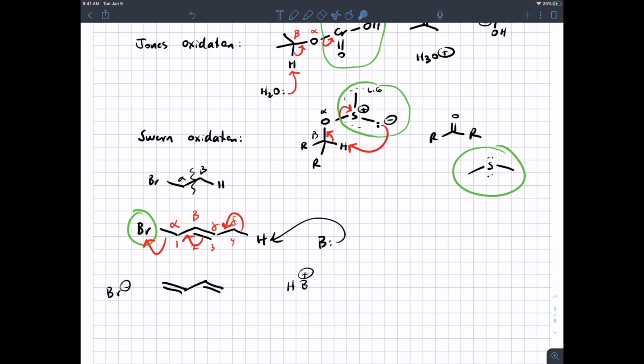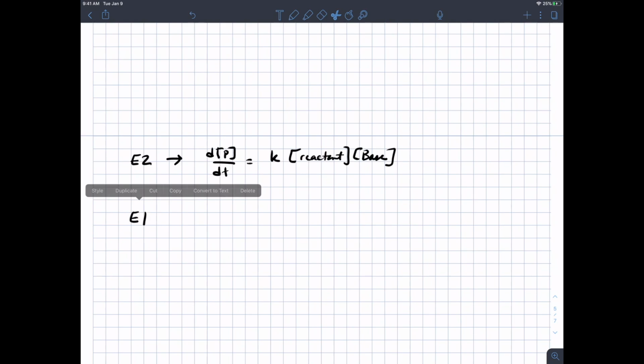So let's talk for a little bit about some elimination options. What we know about E2 and E1 is that the appearance of product for E2 depends on the reactant and the base, whereas for E1, the kinetics are such that we have no dependence on the base, just on how much reactant you've got.